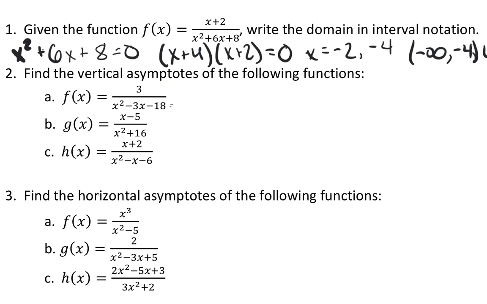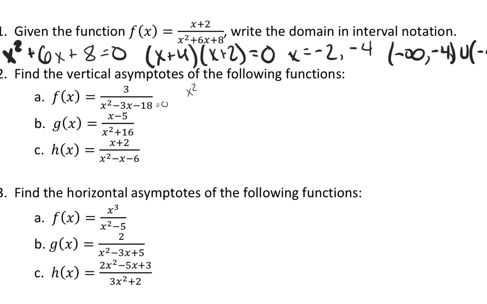We've got to find out where this is equal to 0. So x squared minus 3x minus 18 equals 0, and that's going to be x minus 6 times x plus 3. So we have vertical asymptotes of x equals 6 and x equals negative 3.